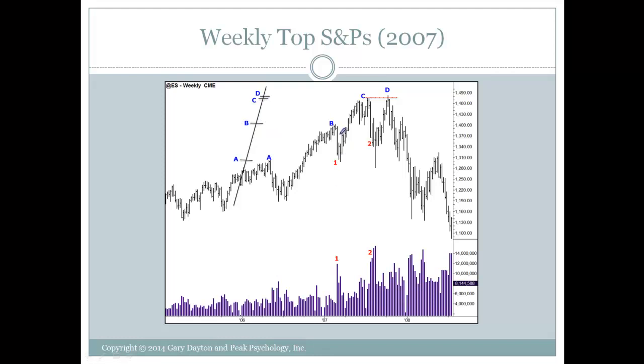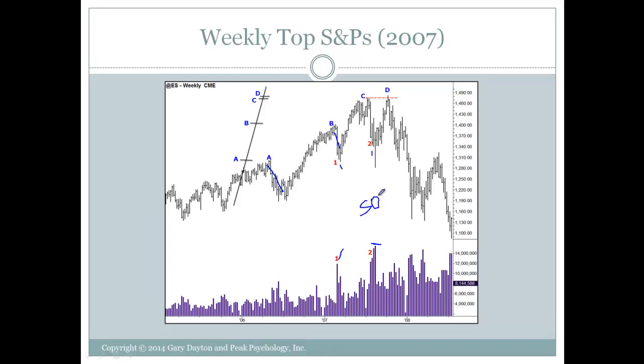We also notice that on this down move, we get quite a bit of volume coming in. And look at this down move here. Look at how big this move is compared to the previous moves. And look at all that volume coming in. That's your sign of weakness.